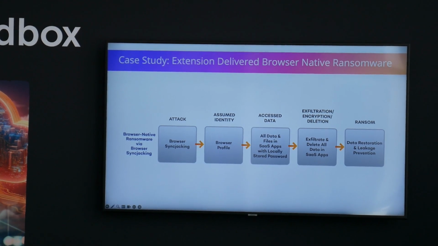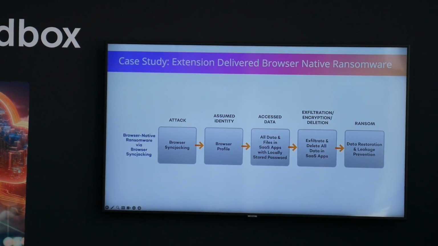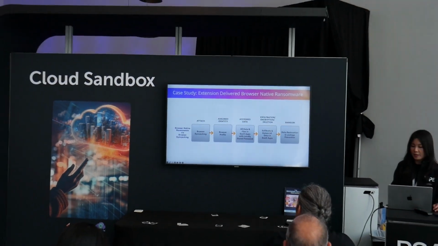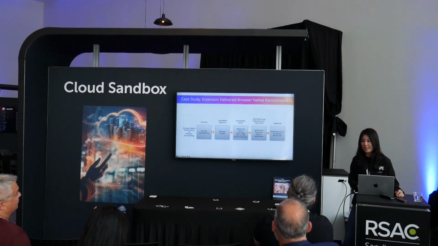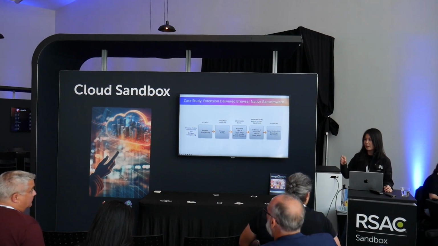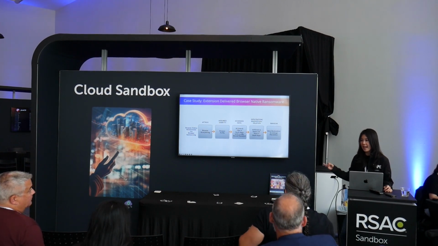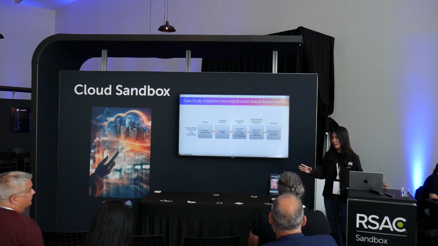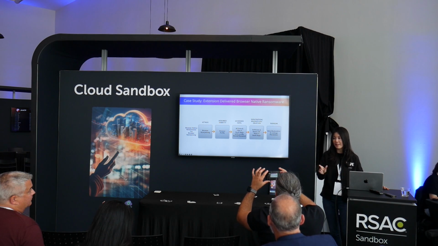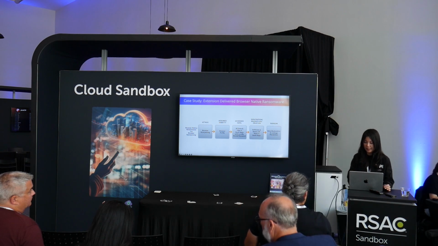This is possible because extensions have the ability to inject scripts into your browser and act on the user's behalf. In January this year, we actually released an attack called browser sync jacking. This is an attack that allows a malicious browser extension to help an attacker take over the user's browser and turn it into a managed browser that's already pre-authenticated. So the MFA is actually already done even before that.